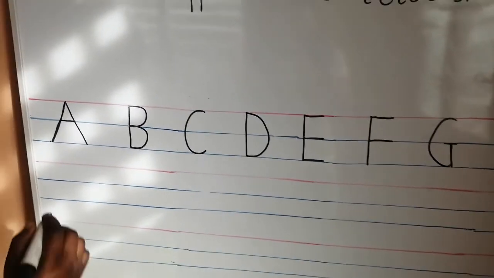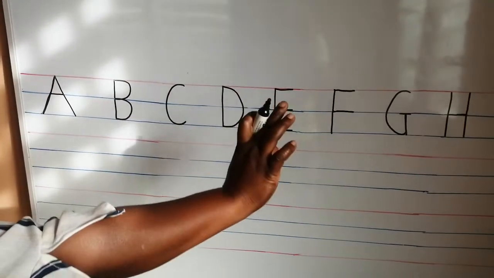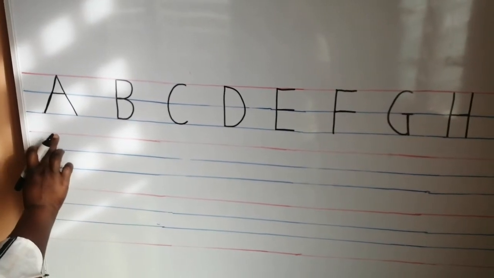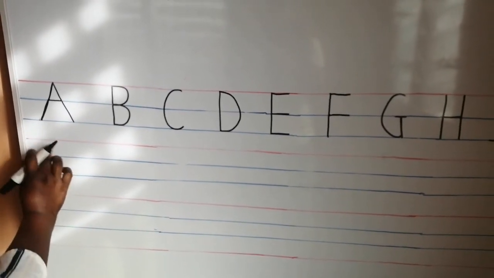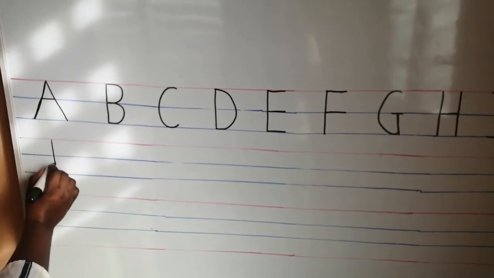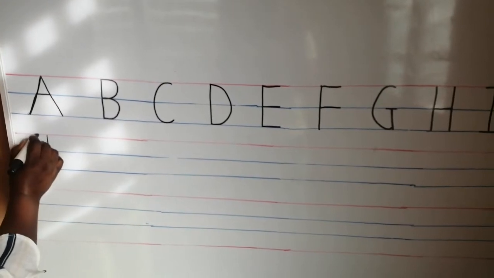Now our J. We are done with the first 3 lines. We are moving on to the next 3 lines. Starting from the red line, we write our J. A stroke down with a curl or a tail, and then a sleeping line.